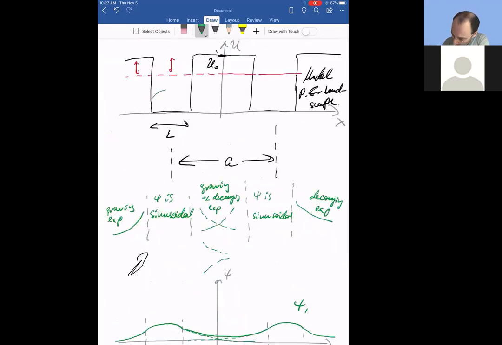Remember, inside it's a sinusoid. If I look at a single well, it's a sinusoid, and then it decays over a certain characteristic region, 1 over kappa. If you go 2 kappas away, it's almost 0. And so 1 over kappa is called penetration depth.